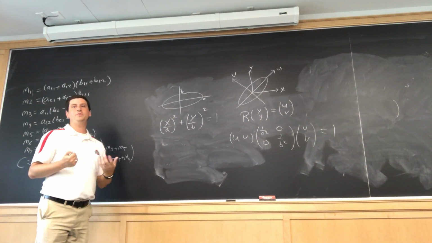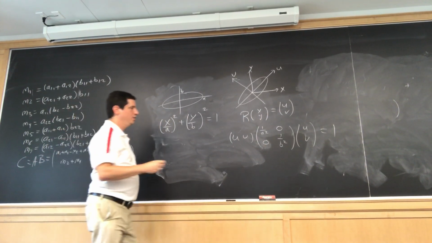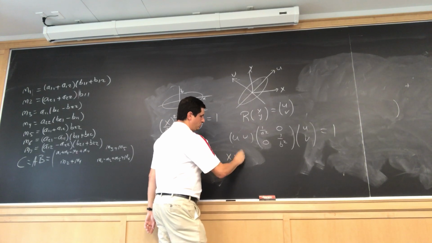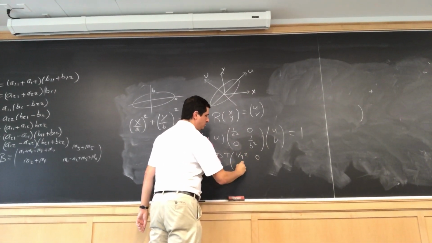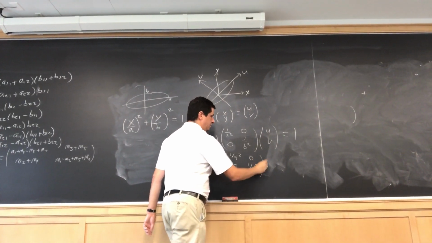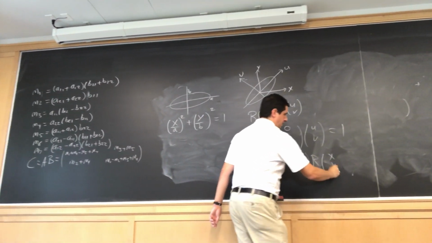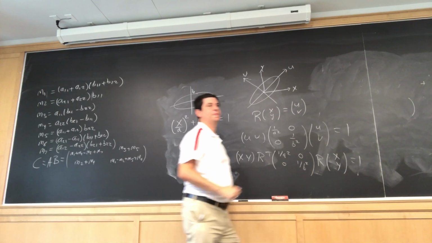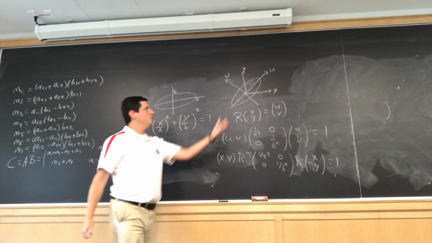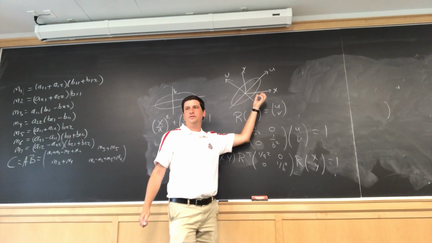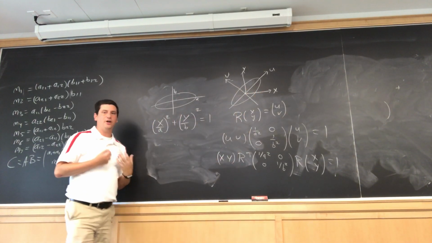And since it's a rotation matrix, the inverse is actually the transpose. So we would then get (x y) R transpose times the matrix 1 over a squared, 0, 0, 1 over b squared, times R (x y), equals 1. And here is how to get the equation of an ellipse when it's not aligned with the coordinate axis. This is in some sense what linear algebra is all about.